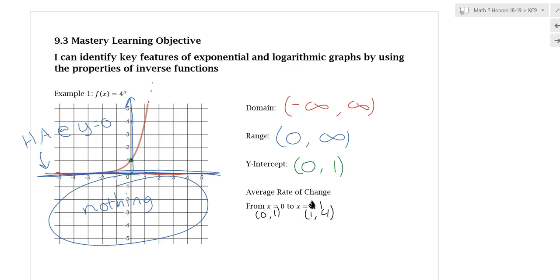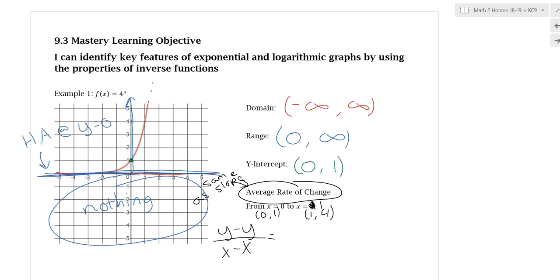Again, remember, our rate of change is y minus y over x minus x. Average rate of change is asking the same thing as when you find slope. Okay, so average rate of change, slope, those are the same exact thing.